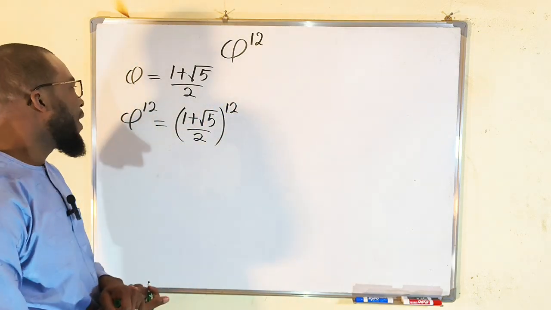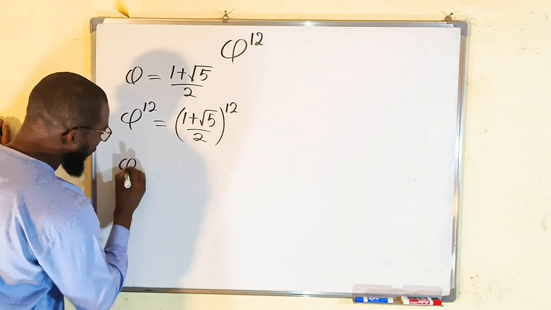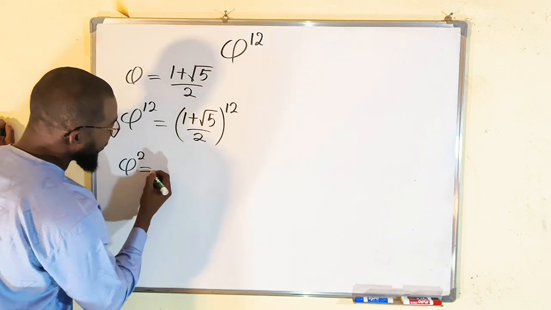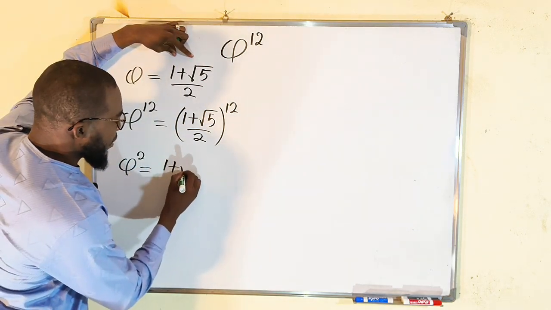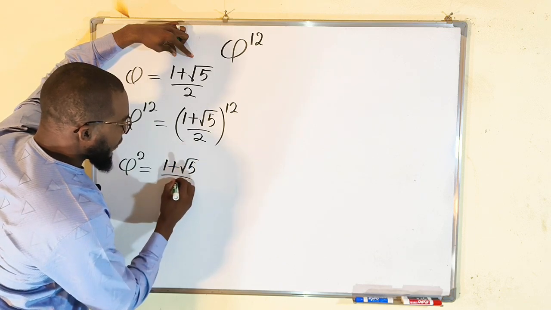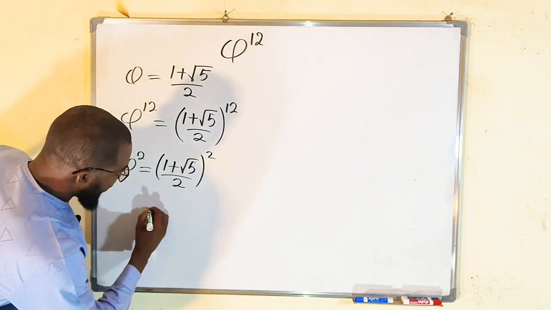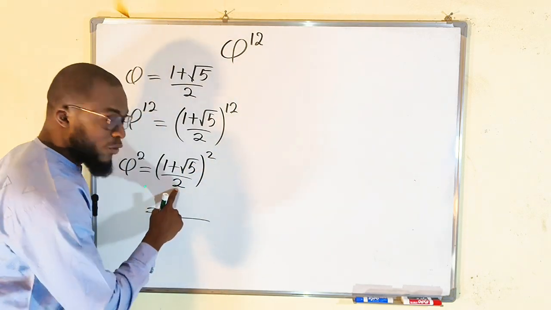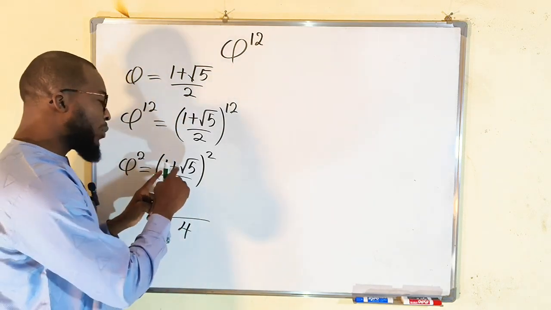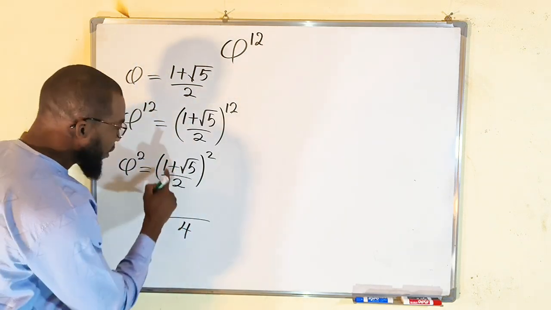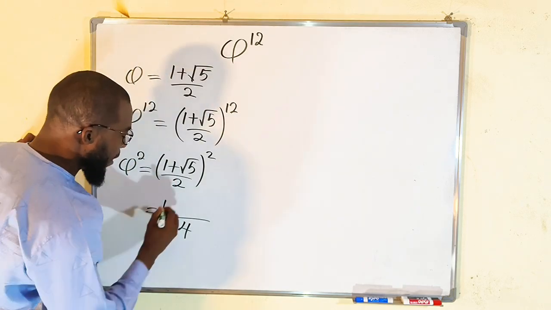I would like to start by raising the golden ratio to the power of 2. If we have the golden ratio to the power of 2, this is the same thing as squaring this. So we have (1 plus square root of 5) divided by 2, whole squared. The denominator will be 2 squared, which is 4. Then the top, (1 plus root 5) squared: you take the first term, 1, and square that. 1 squared is 1.